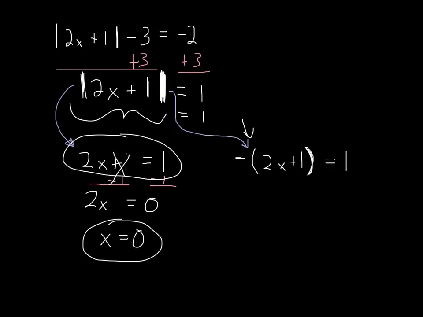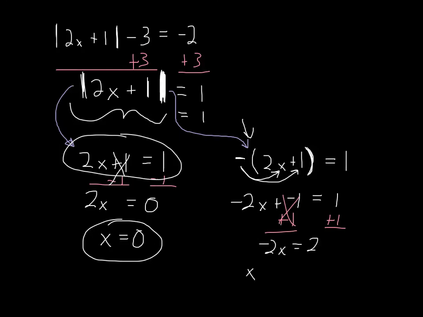I distribute my negative into my 2x and into my 1, and I have negative 2x plus negative 1 is equal to 1. I want to solve for x, so to get x by itself, I add 1 to both sides to get rid of it on the left, and I end up finding that negative 2x is going to be equal to 2. So that tells me that x is equal to 2 divided by negative 2, so x is equal to negative 1.